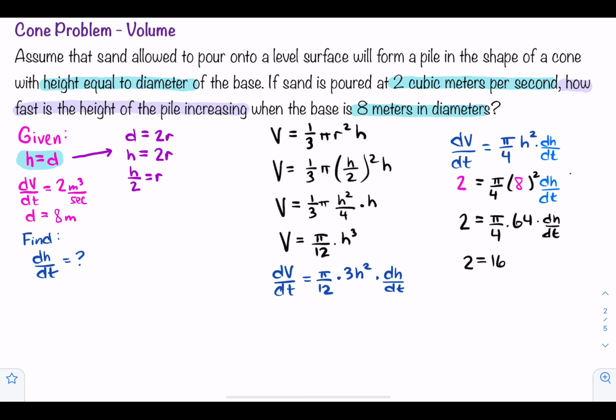So we have 16 pi times dh over dt. And now if I divide off the 16 pi, I have 2 over 16 pi, which reduces to 1 over 8 pi. And this is height, so that would be meters per second.